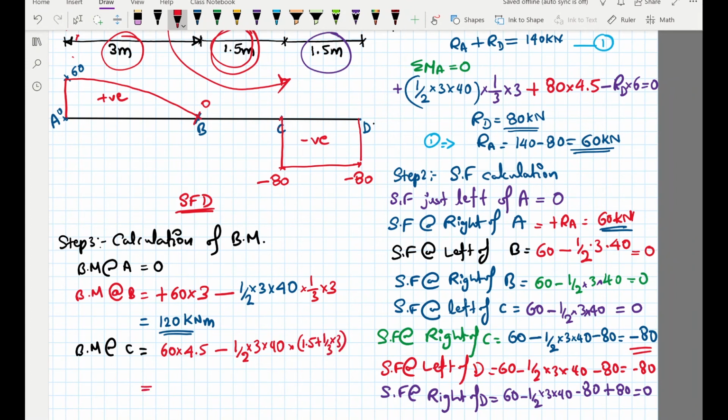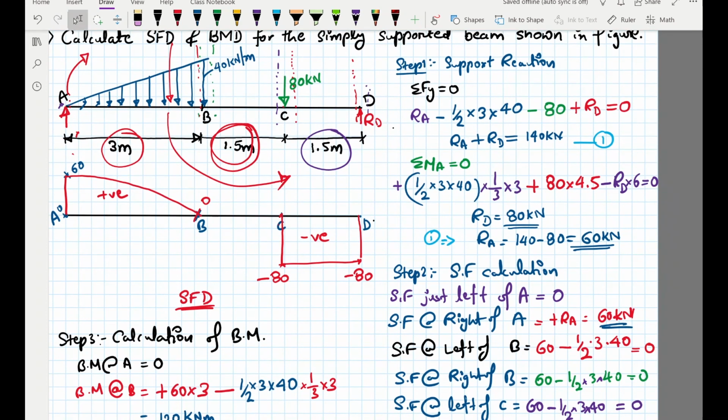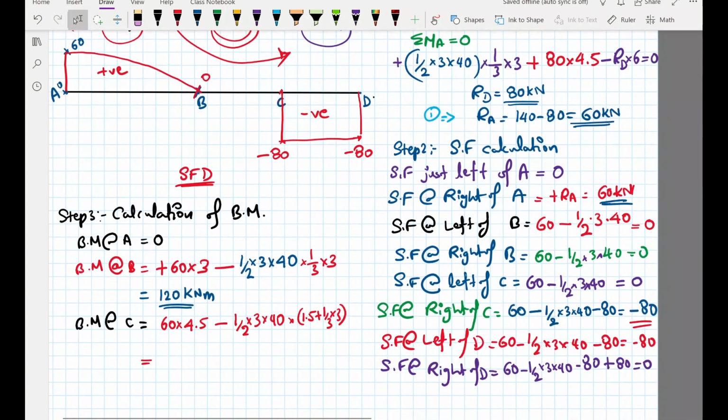So therefore I am calculating about C. 80 is acting exactly on C. There is no moment from 80. Therefore again we are going to get 120 kilonewton meter. So plus value we are going to get.